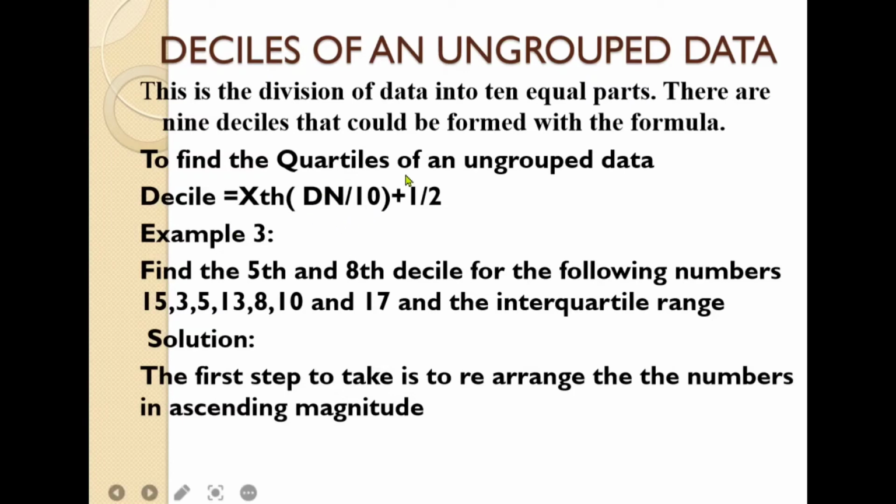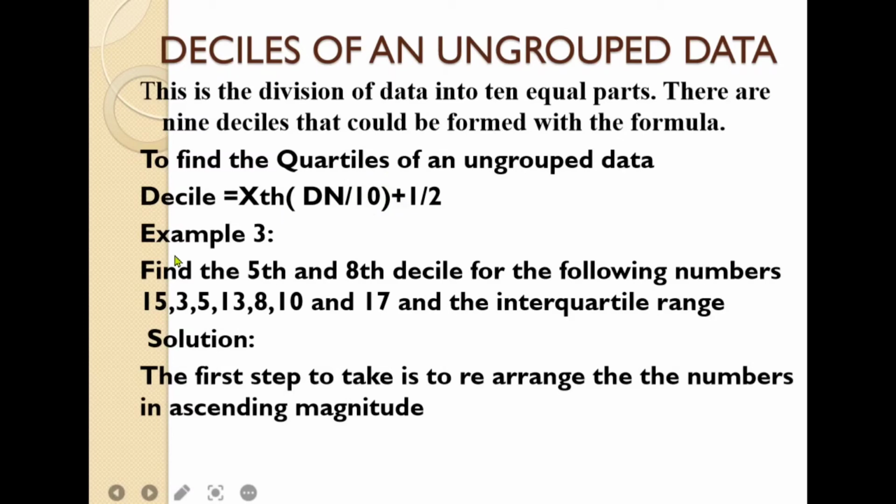So instead of using Qn over 4, we'll use Dn, where the D represents the decile class we are looking for, over n, which represents the total number given in a data set, divided by 10, because deciles divide a set into 10 equal parts, plus the half. This is the formula for the ungrouped data.